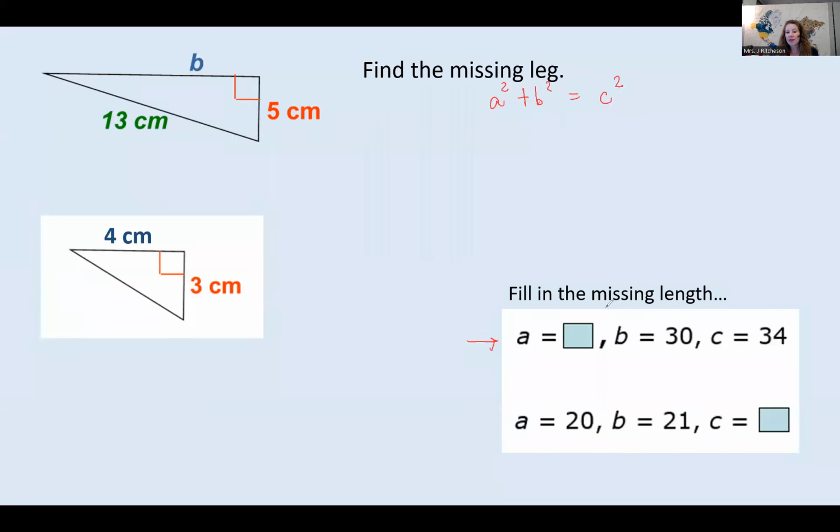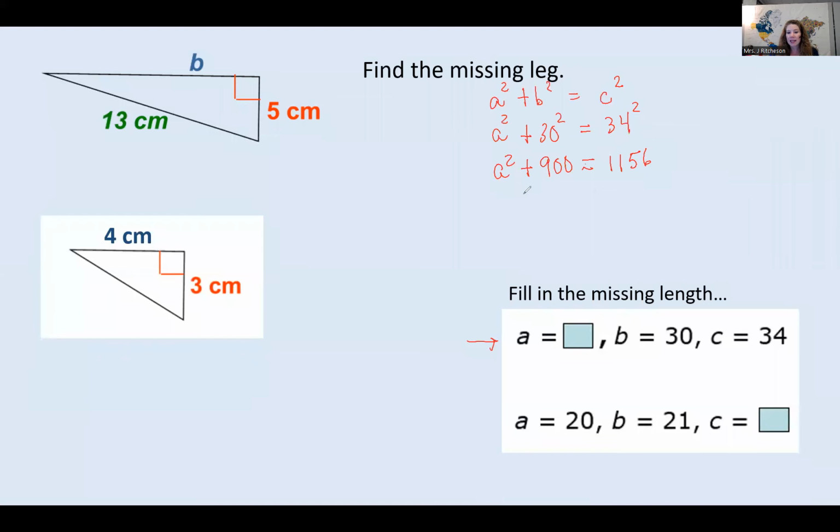All right, on the first one, we always start with the Pythagorean theorem. We're going to plug in what they give us. We don't know what A squared is. We know that B is 30. We're going to square it. We know that C is 34. So these are great big old numbers, right? So A squared plus 30 squared, 30 squared is 900. And 34 squared is 1,156.